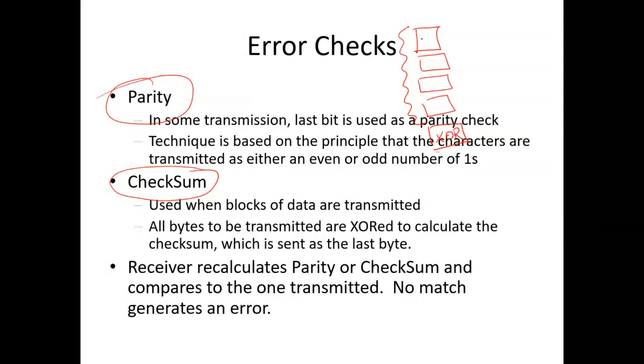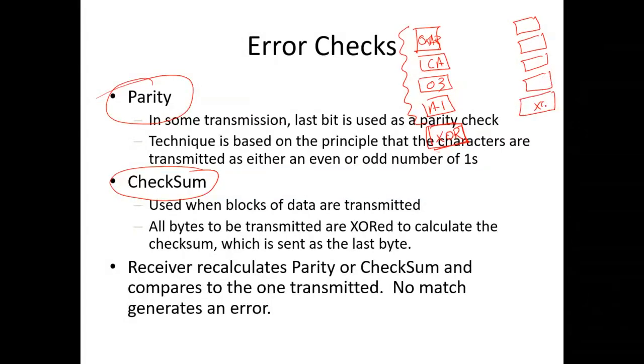So here we have 0xAB, here we have CA, here we have 03, and A1. Then we will send the XOR of all these values: AB XOR CA XOR 03 XOR A1. This byte also will be sent. Now the receiver will receive the 4 bytes and the XOR of these 4 bytes.